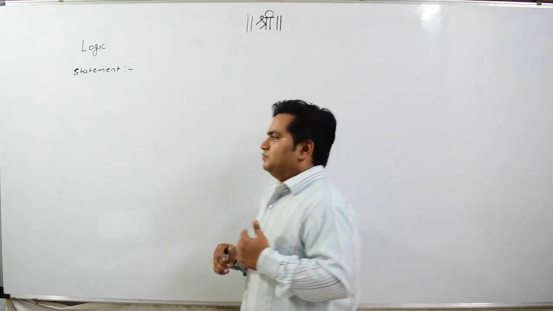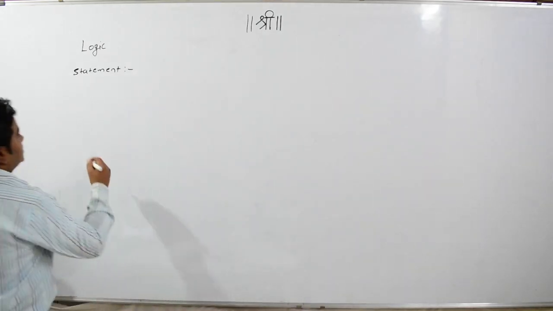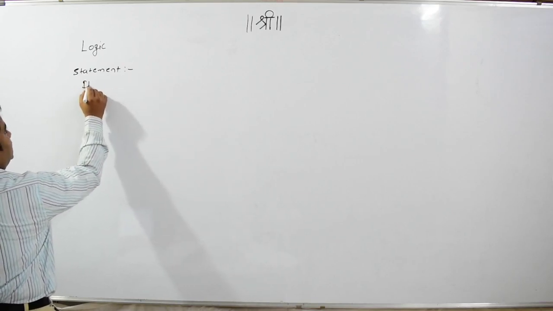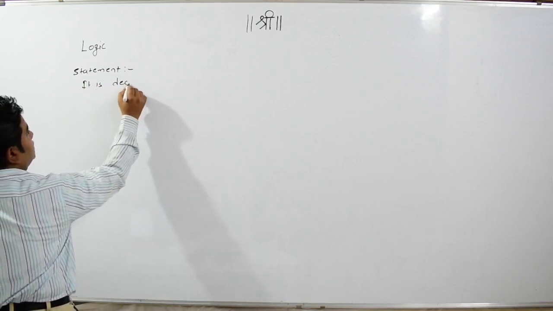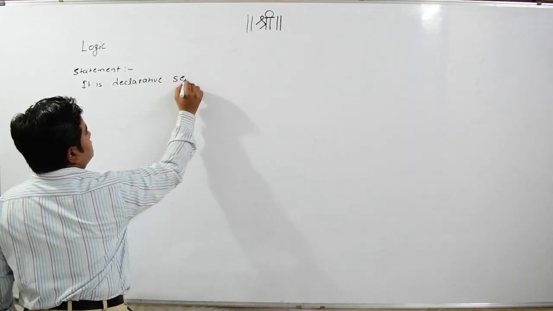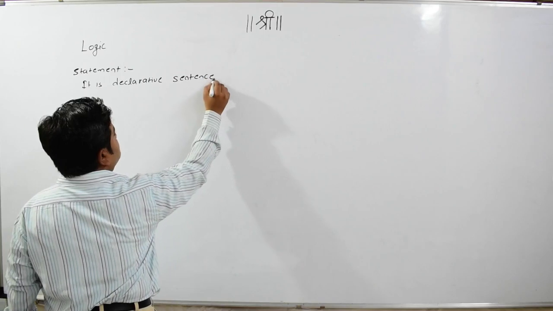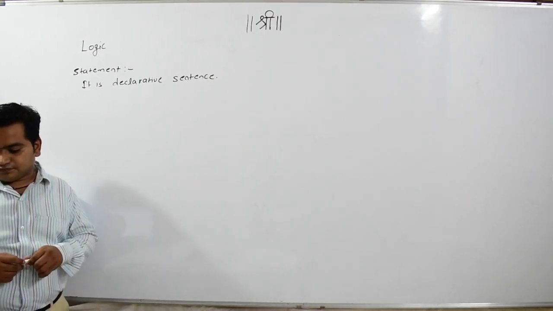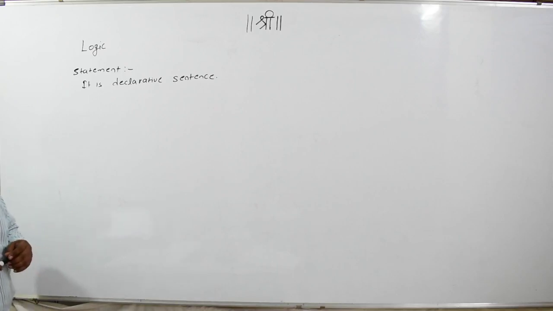So how can we arrange this? The statement is, most importantly, a declarative sentence. And another most important parameter is what?